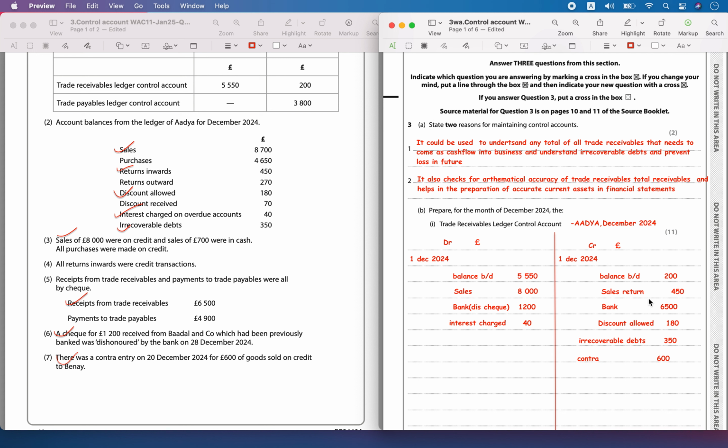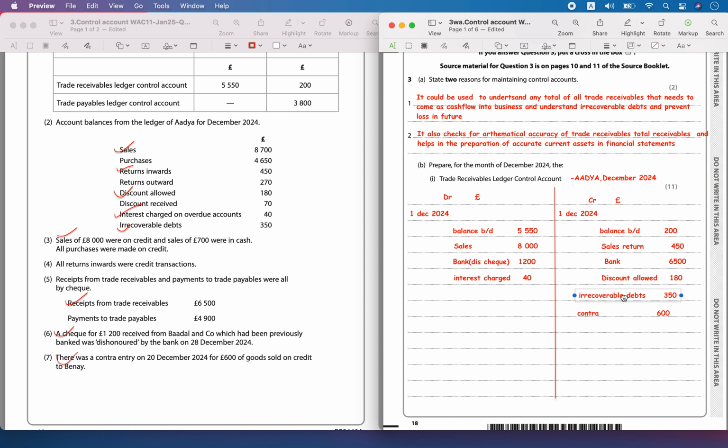Then the sales return happened, and towards that there was a bank receipt of this much. There was one dishonored check, and some interest was also charged on overdue payments. Then we had the discount allowed for the earlier payments. Then the irrecoverable debt of 350, and then there was a contra entry.